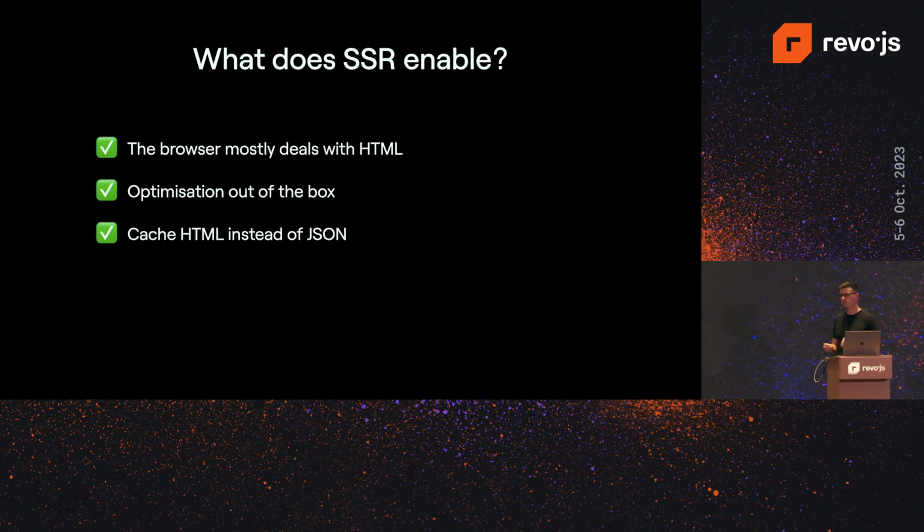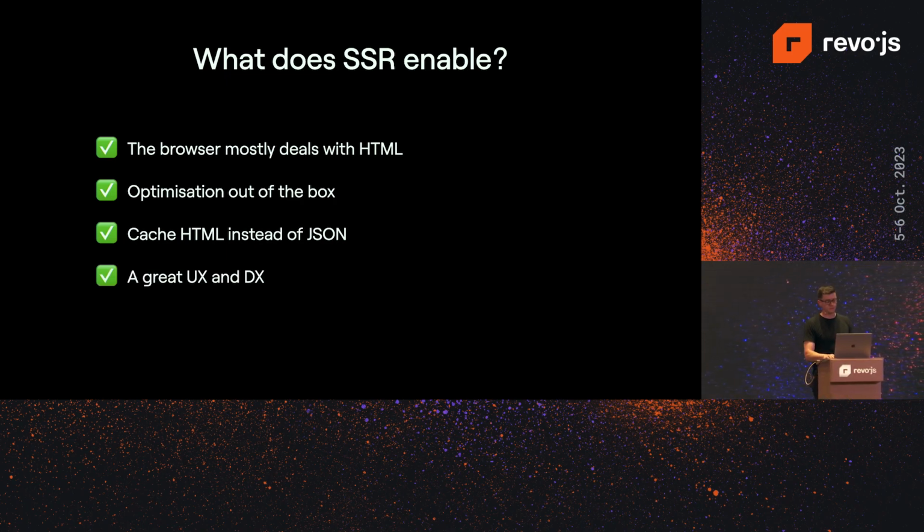Because now you can actually cache HTML and you don't have to think about JSON. So instead of sending all this JSON from your APIs to your front end in order to render maybe one very small component, you just send the HTML directly. So then you also have a great user experience and developer experience because you can actually go and check your HTML, see what it's made of.